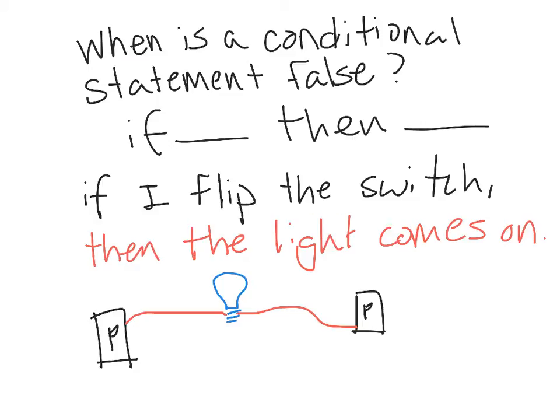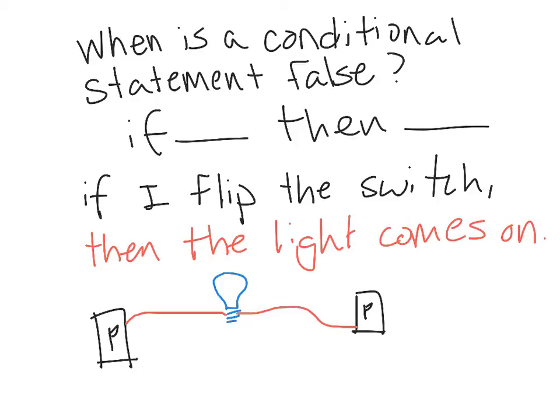So in either case, if I flip the switch and the light does come on, or if I don't flip the switch and the light does come on, then I'm okay. And if I don't flip the switch and the light doesn't come on, then I'm still okay. So really, there's only this one situation, and that's if I flip the switch and nothing happens.